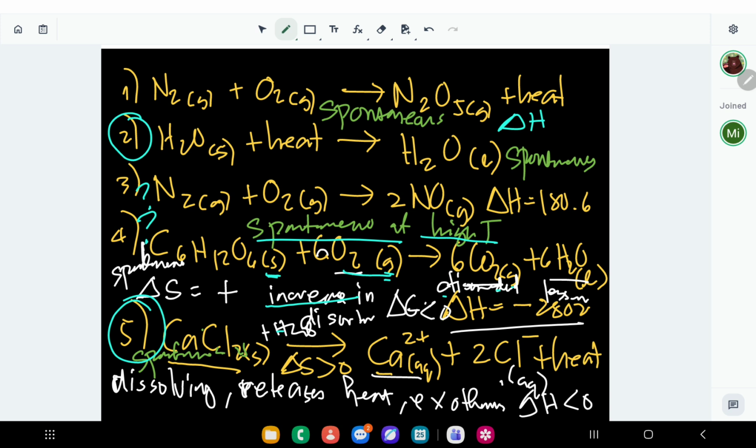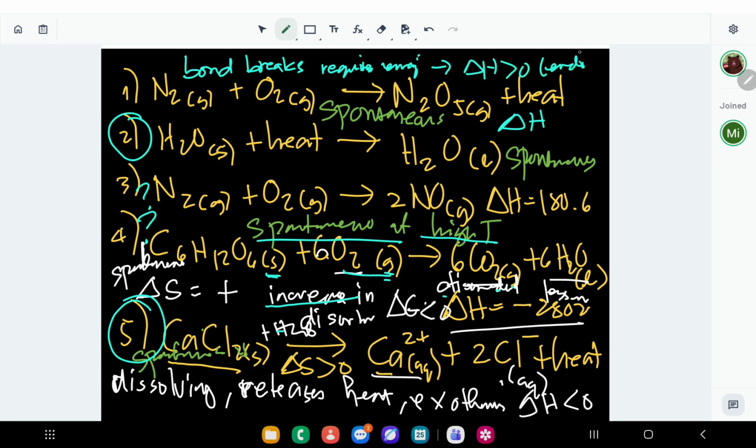If the bond breaks, it requires energy, right? Let me write that down. Bond breaking requires energy. So that means delta H is greater than 0.